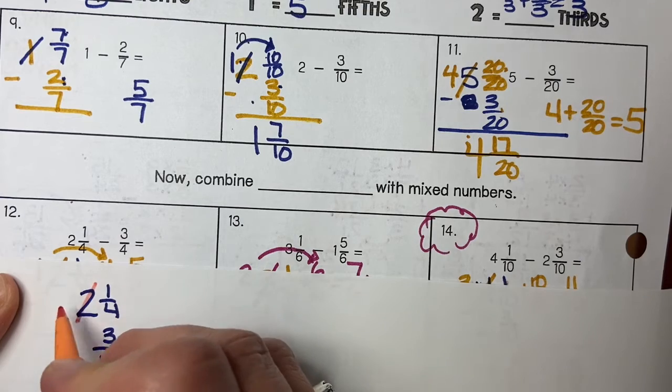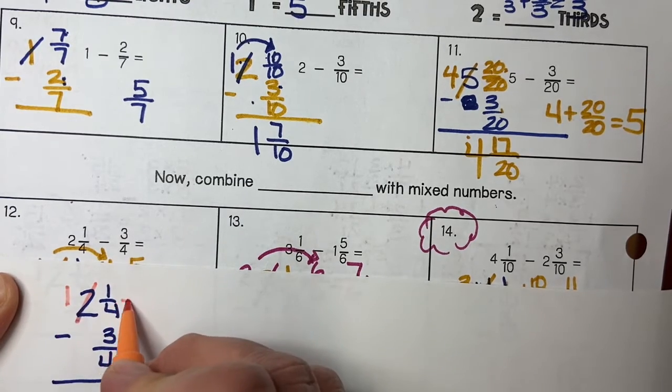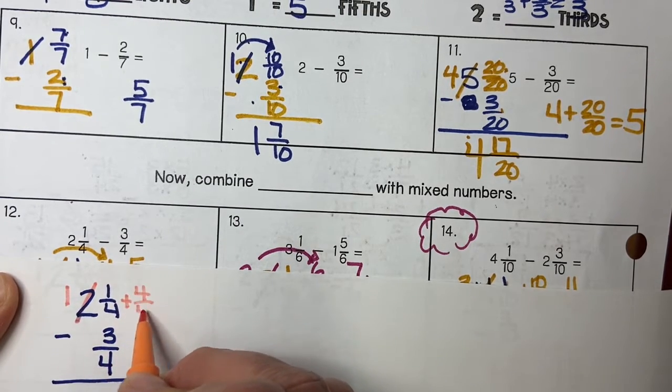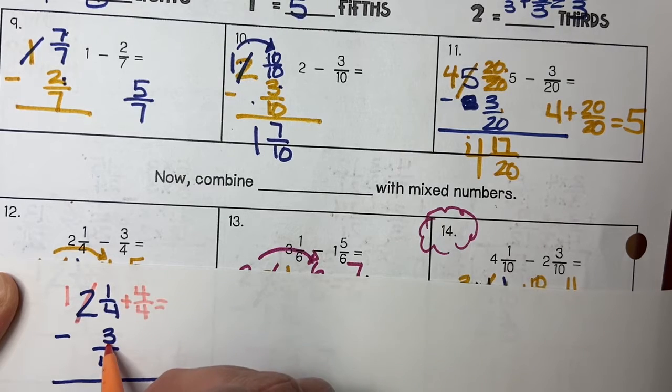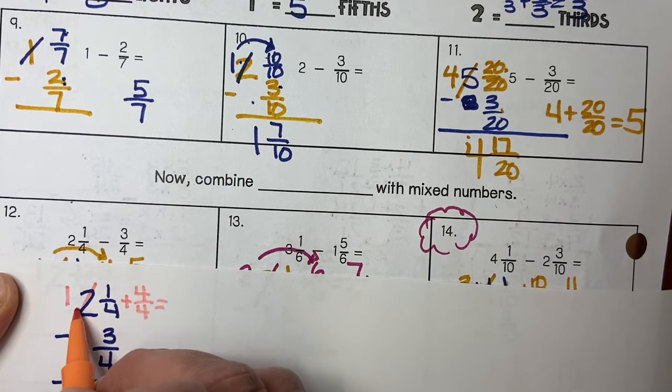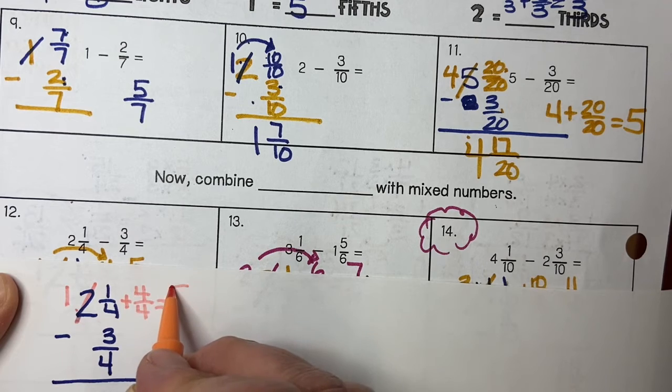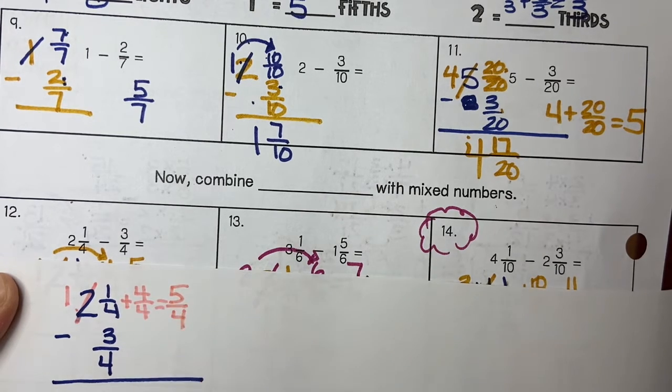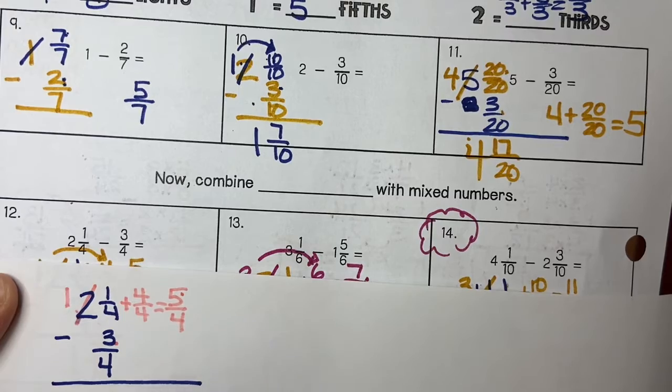So I'm going to borrow 1 here, make that a 1, and I'm going to add it on as 4/4. Now, I'm not doing 4 minus 3. I have this one I borrowed, but I still had this 1/4, so I'm going to add them together and they equal 5/4. Now I can subtract the fractions. 5/4 minus 3/4 is 1/4. 1 minus nothing is 1.